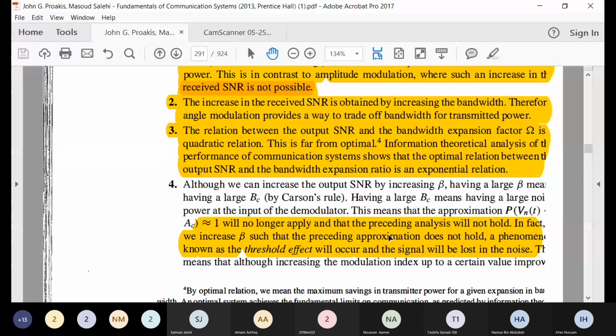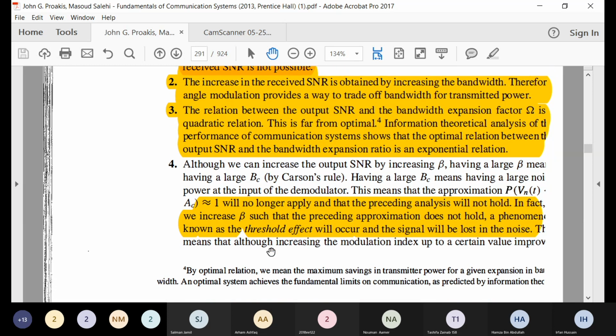There is a threshold up to which we can increase our beta. We cannot increase our beta indefinitely.